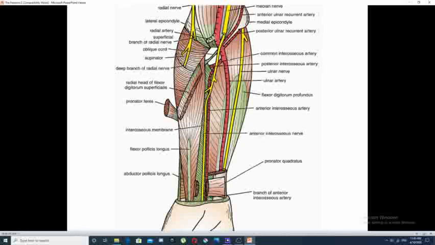As you see, the ulnar artery is the larger terminal branch, and here it gives the common interosseous artery, which by itself divides into two branches: the anterior interosseous and the posterior interosseous arteries.